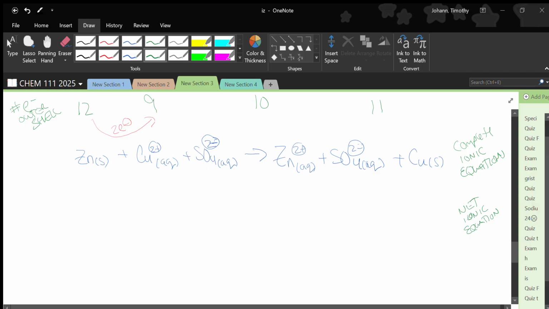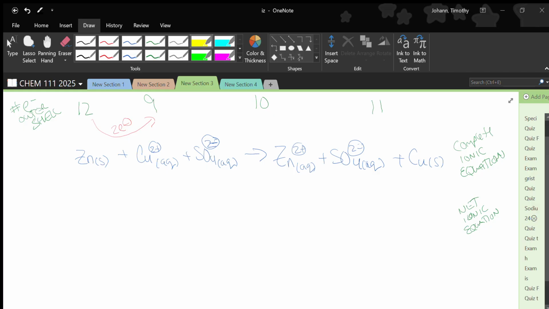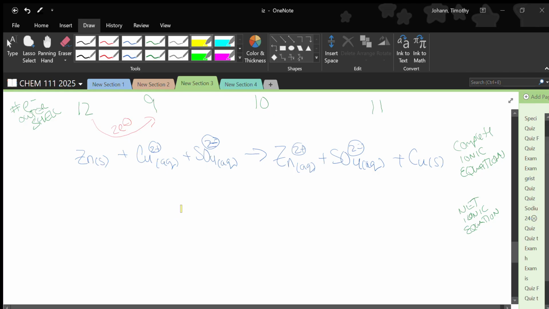All right, so we've got our complete ionic equation. It has spectator ions. What are my spectator ions here? It's the sulfate. Right? Sulfate is our spectator ion.